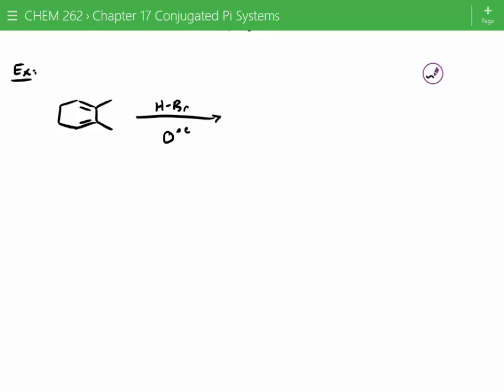Kinetic, because we're at low temperature. So should it be 1,2 or 1,4? Probably 1,2. This is 0 degrees Celsius, so if I'm trying to designate temperature, I'll oftentimes include that.